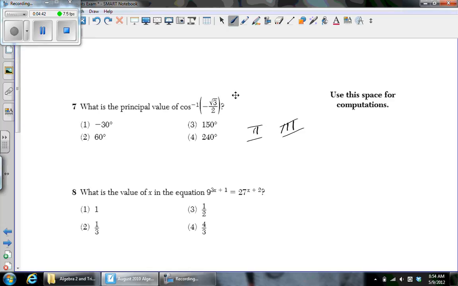Cosine inverse of radical 3 over 2 is going to give us 30 degrees, so the reference here is 30. So therefore in quadrant 2, a 30-degree angle is 150. In quadrant 3, it's 210. The 150 is there, our answer.